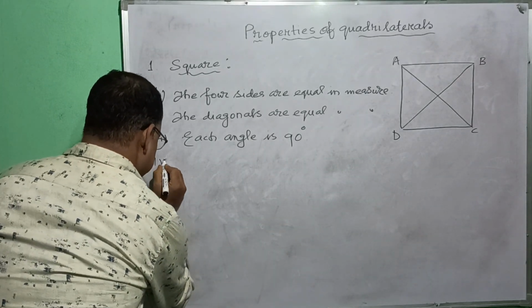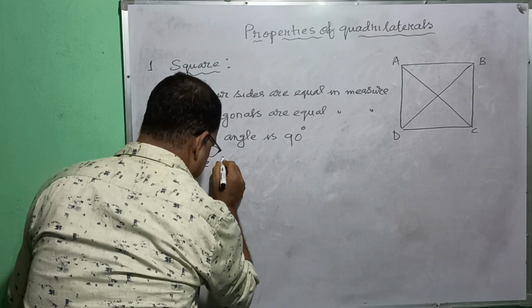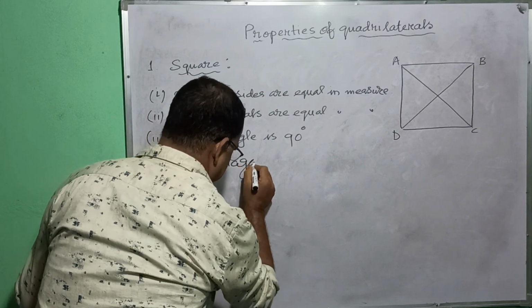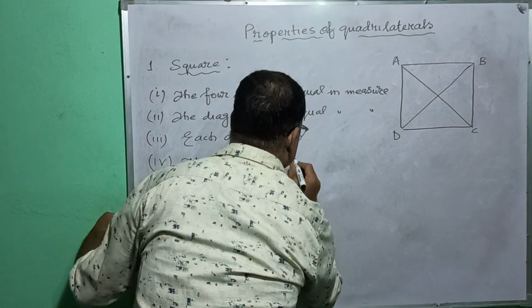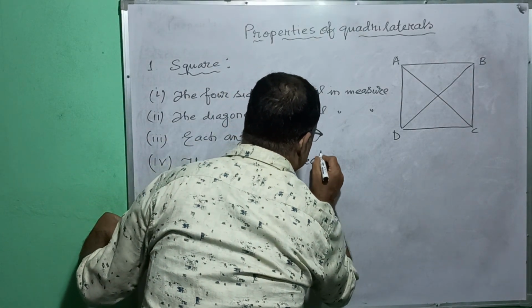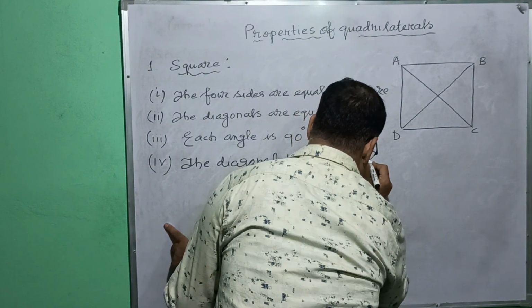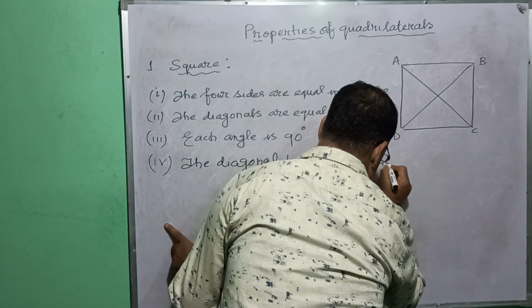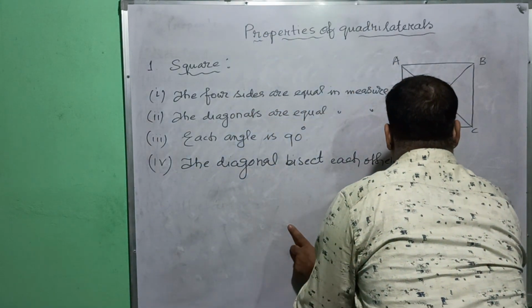Then number four, the diagonals bisect each other at right angles.